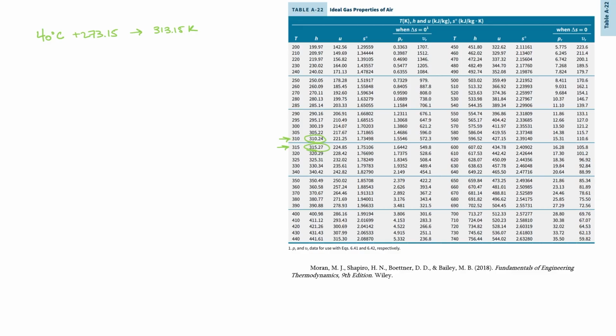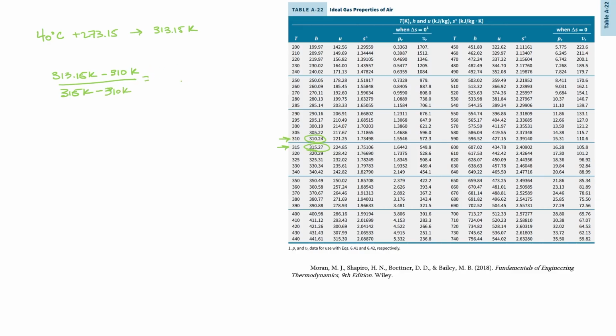So with this, if I do a linear interpolation here quickly, I see that I want my value at 313.15 Kelvin minus 310 Kelvin divided by 315 Kelvin minus 310 Kelvin.